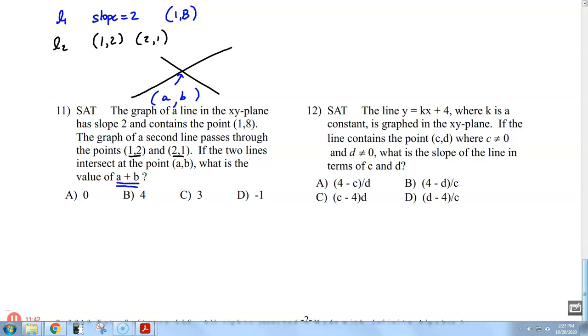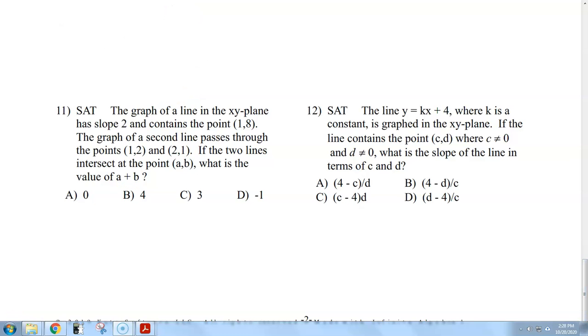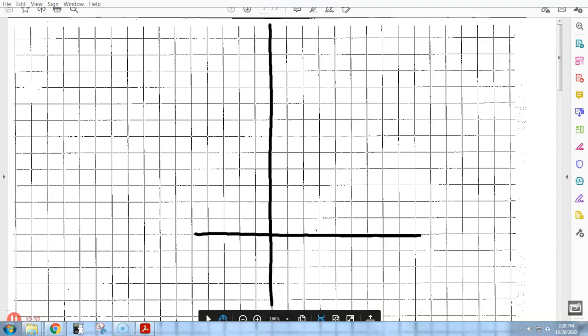All right, so let's go to a graph. Let's actually take a peek at this. See if I can remember all this information. Boom. So we're going to go to a big old graph paper. And here we go. Our first line, line 1, went through (1, 8).